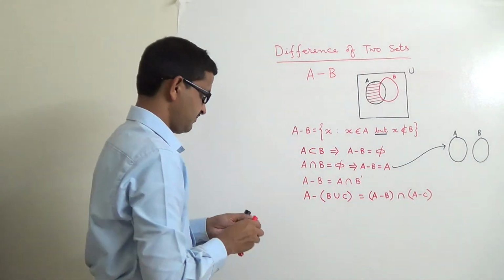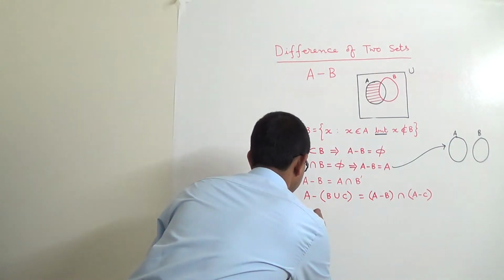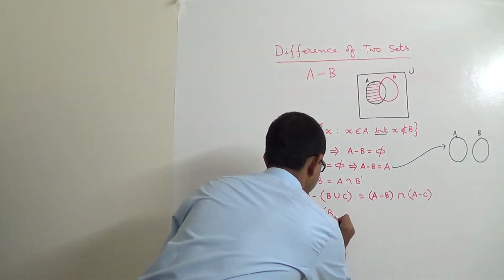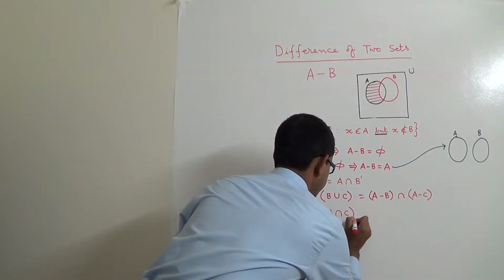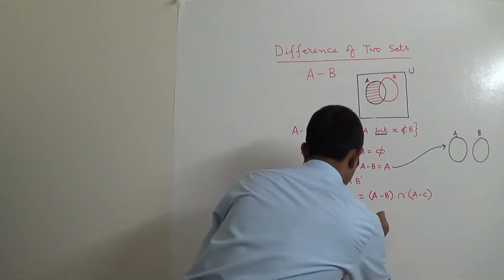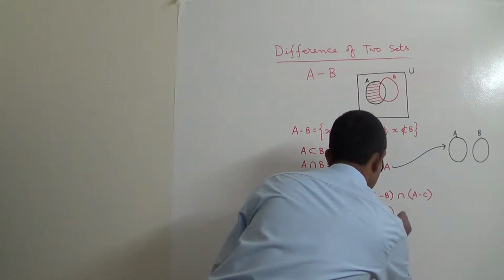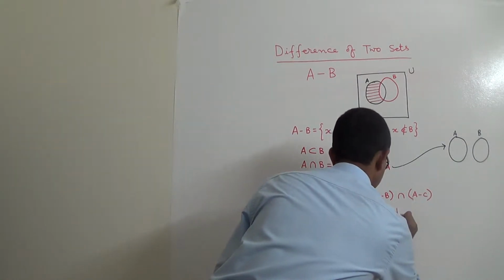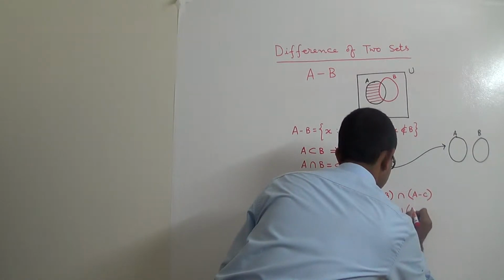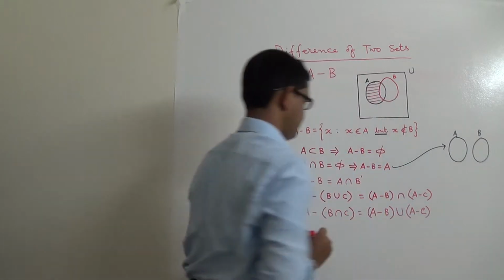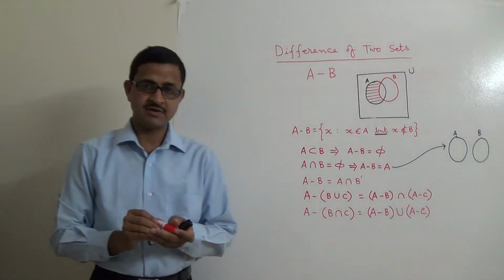In the other way, A minus B intersection C is equal to A minus B union A minus C. Clear?